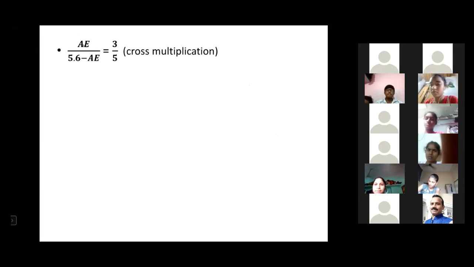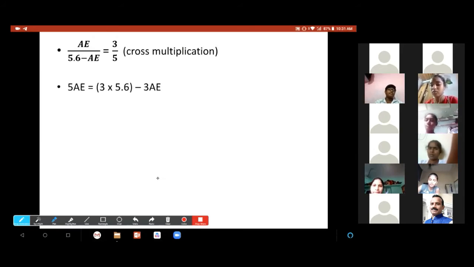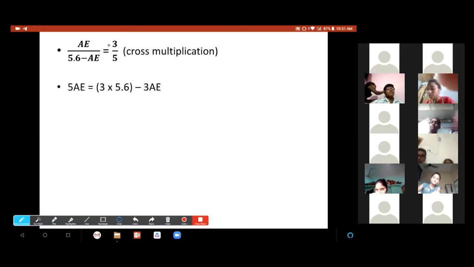Now cross multiply: AE into 5, and 3 into 5.6 minus 3 into AE. Okay?